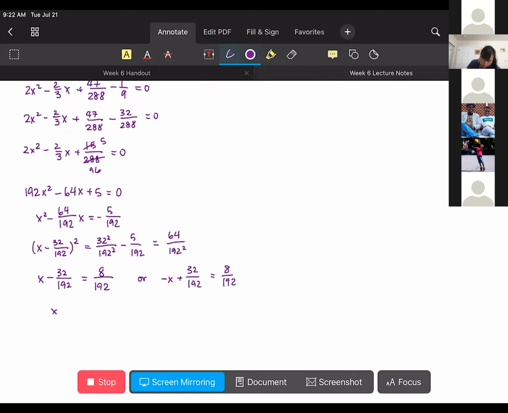And then in this case, we get x equals 40 over 192. And in this case, we get x equals 24 over 192. All right, I think.